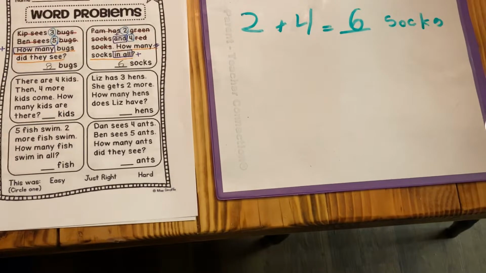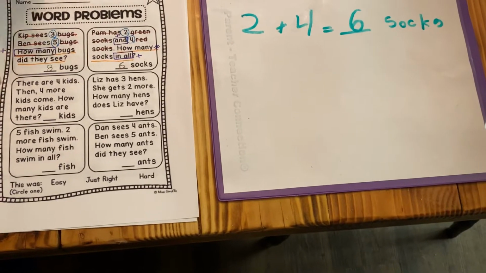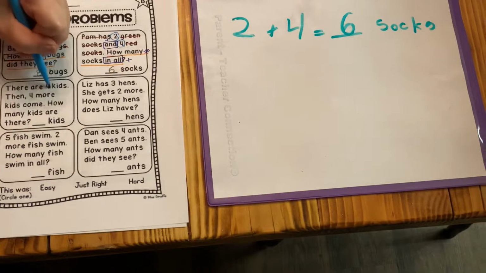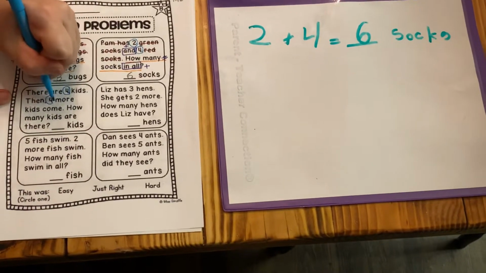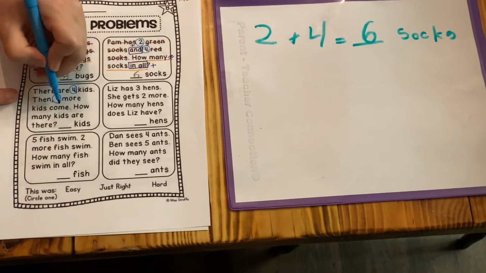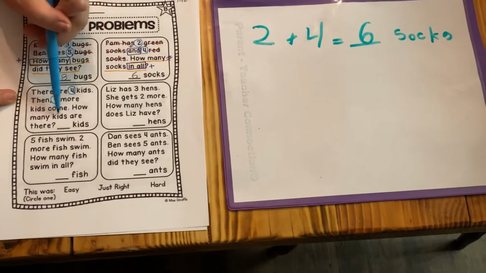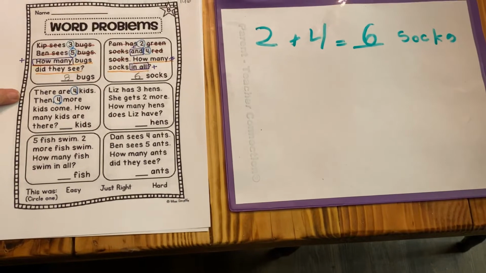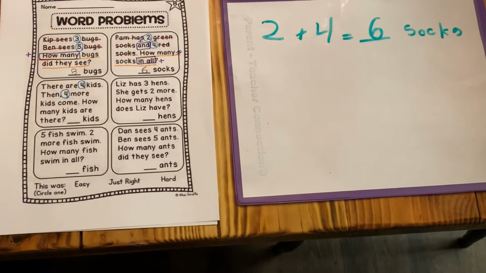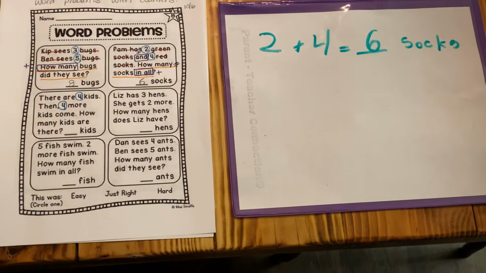Okay? Starting with blue. There are 4 kids, then 4 more kids come. How many kids are there? So I circled my numbers with my blue. What color do I underline my question, friends?